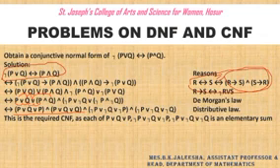Negation P cup negation Q cup negation P. So all the cup terms are joined, then cap will come outside. Then what about the next? Negation P cup negation Q cup negation Q. So those two representations are given in the other two brackets.